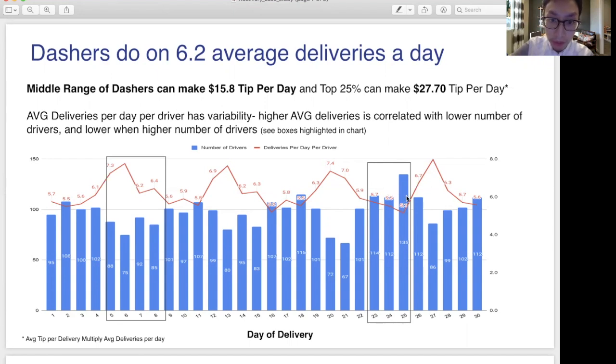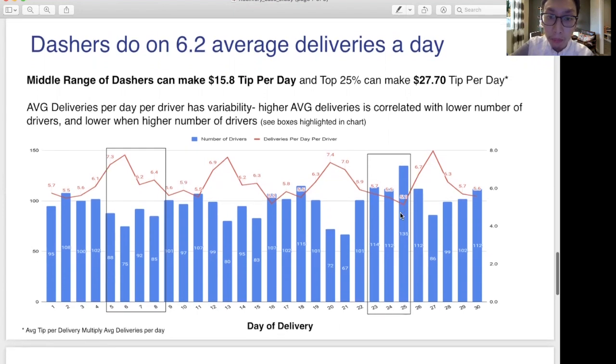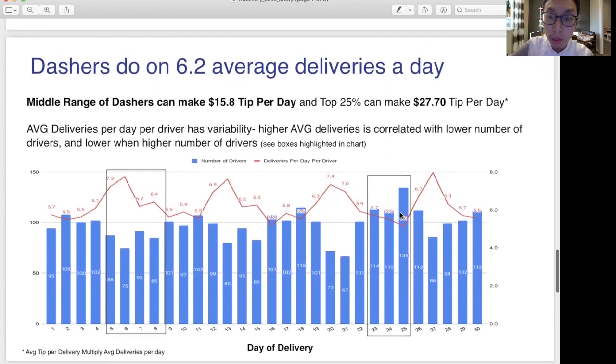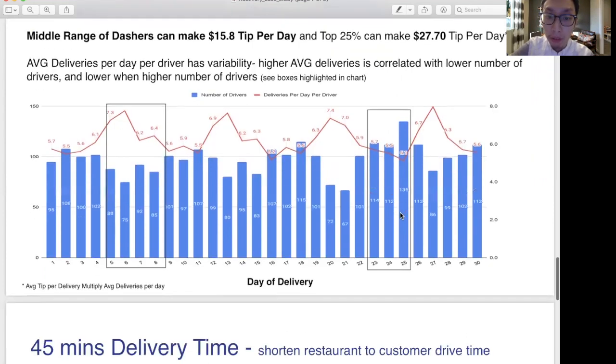So really the demand was pushed off per driver, right? And I think that's important to showcase, as you're thinking about the marketplace and the health around it.